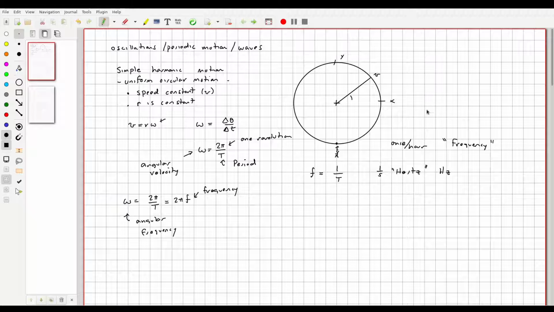Now, the three most common ones that you see are uniform circular motion, spring motion, that is in the absence of external forces, and also motion of a pendulum.